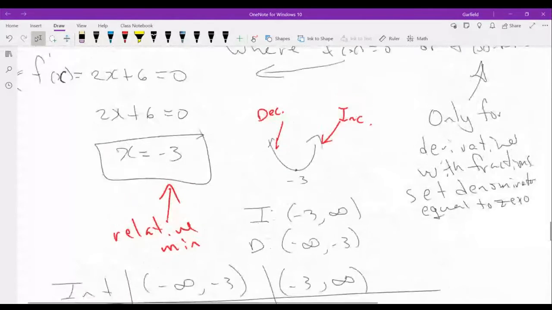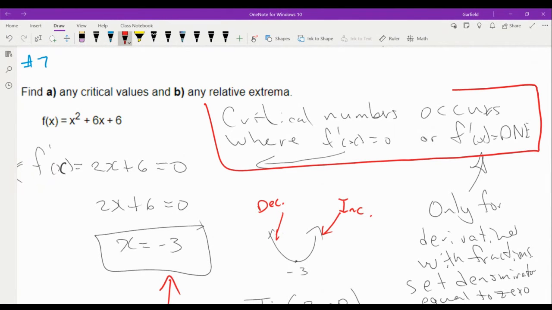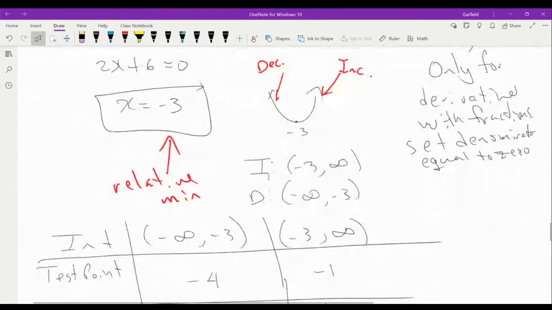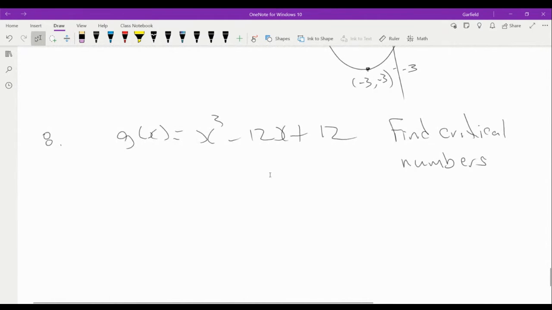The critical numbers occur where the derivative is equal to 0 or the derivative does not exist. So if they ever ask you to find critical numbers and you're not given the graph, you have to take the derivative. Everything that we have done before is coming back right now.